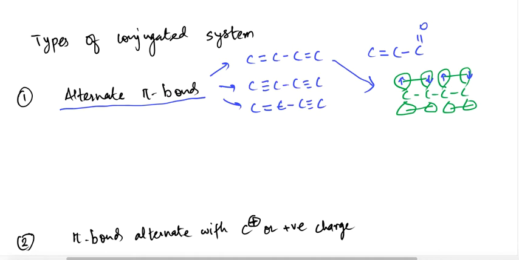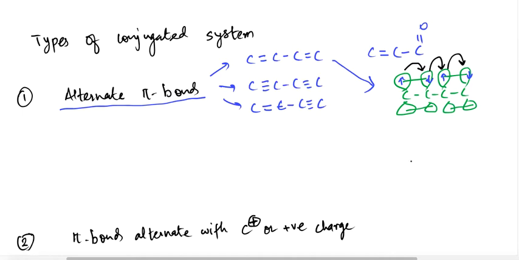So here what will happen is that these electrons will be moving. If you move these two electrons like this, then this electron into this, and this electron into this, then what you will get?